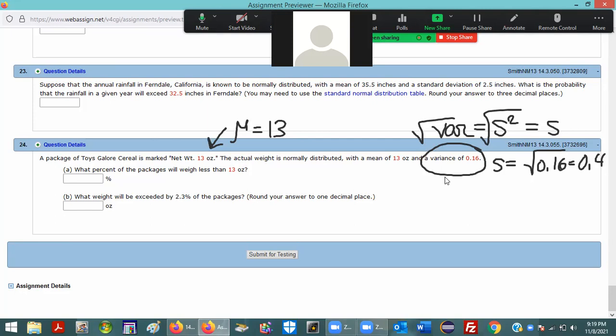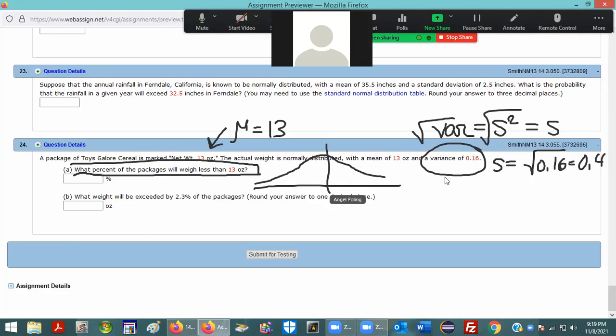And here, what's the percent of packages that will weigh less than the mean, right? We have a middle of 13 ounces, right? They're asking us for everything over here. That should just be 50%.